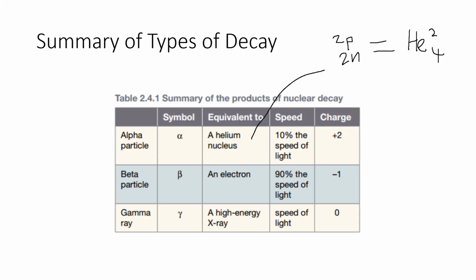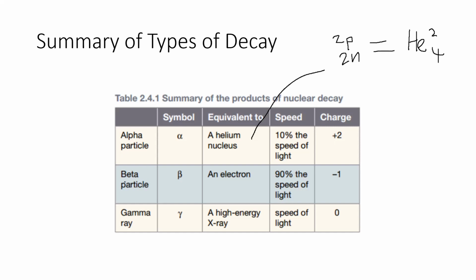So it's basically like that element is releasing a helium from its nucleus. Its speed is 10% the speed of light, so it's pretty fast, but not too fast. And it has a charge of +2, obviously because it's 2 protons being released.